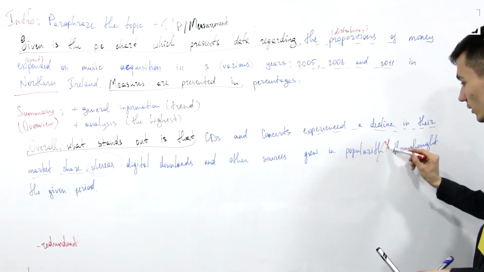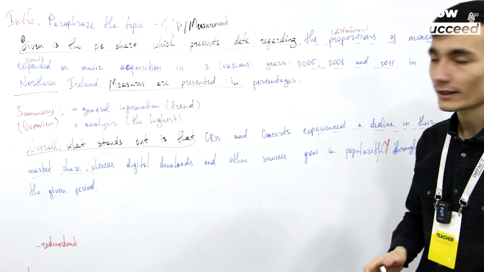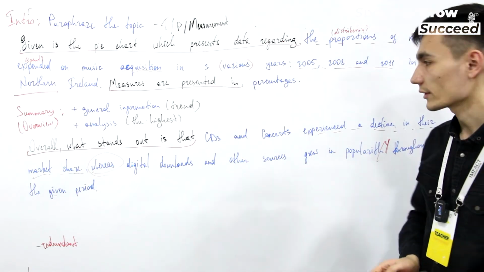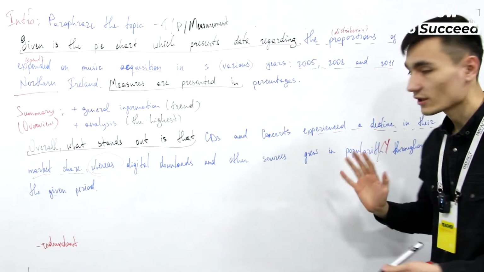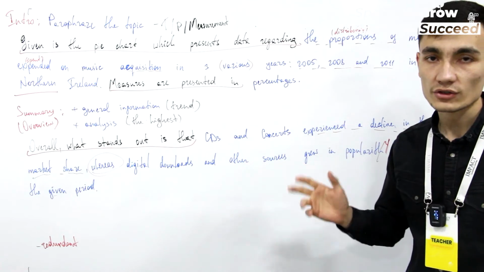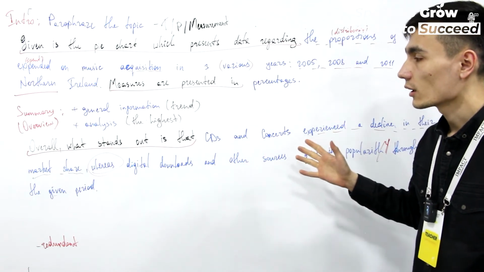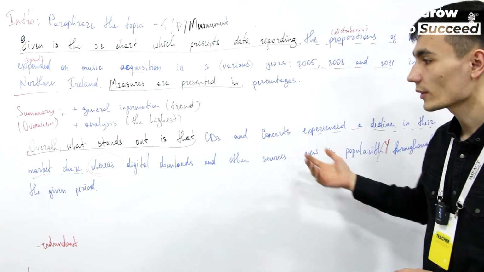That's why I repeat again and again: please check your essay after you finish your sentence. At least check the sentence, whether you have problems or not, whether you made a mistake or not.